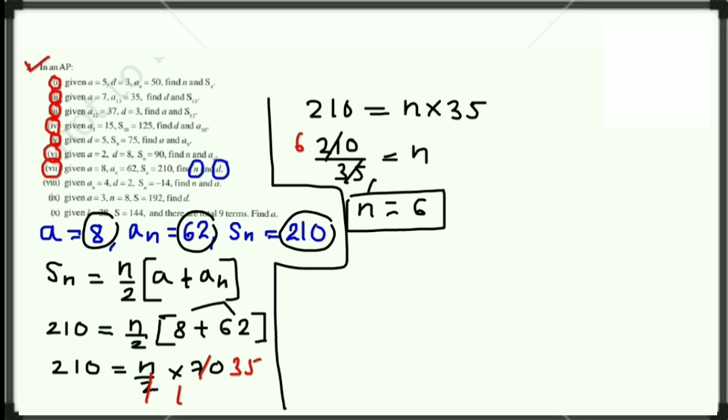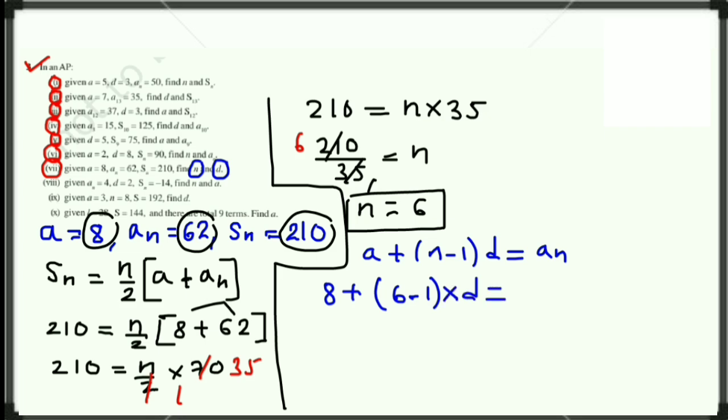Now we have to find d. Okay, for that we can use this formula: a plus (n minus 1) into d equal to an. A equal to we have 8 plus n equal to we have just obtained 6 minus 1 into d equal to an equal to we have 62.